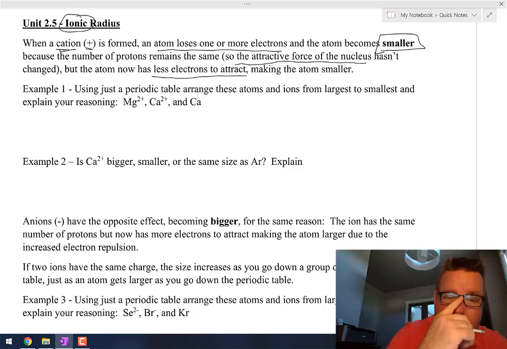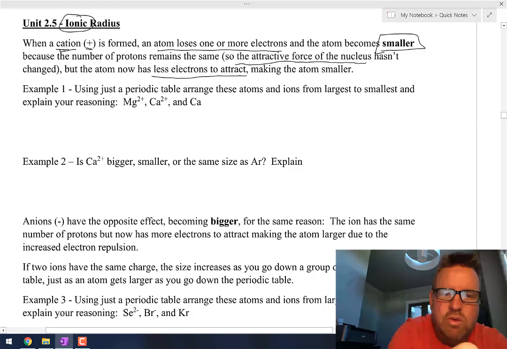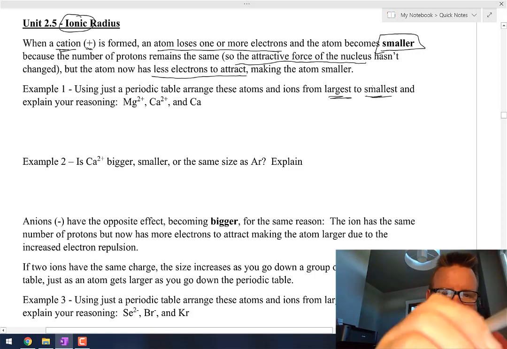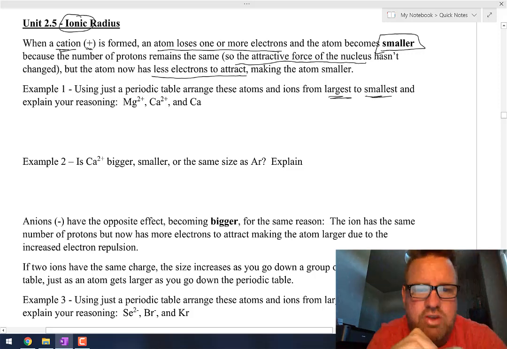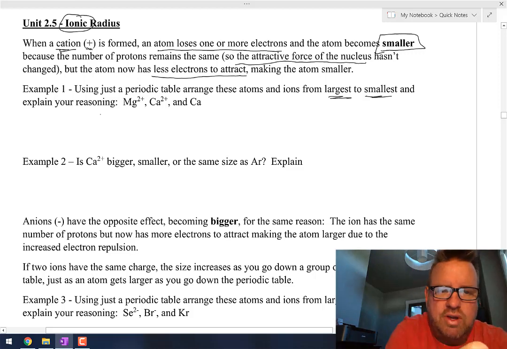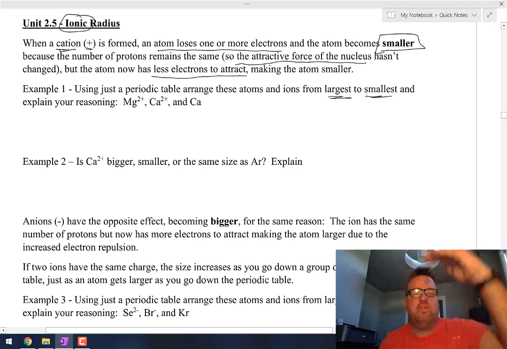Okay, so let's look at a couple of examples here. We're going to compare Mg2+, calcium 2+, and regular calcium. And we want to go from the biggest to the smallest. The easiest way to do this when you're talking about ions is to look at the protons and the electrons. Magnesium, first of all, is farther up the periodic table.